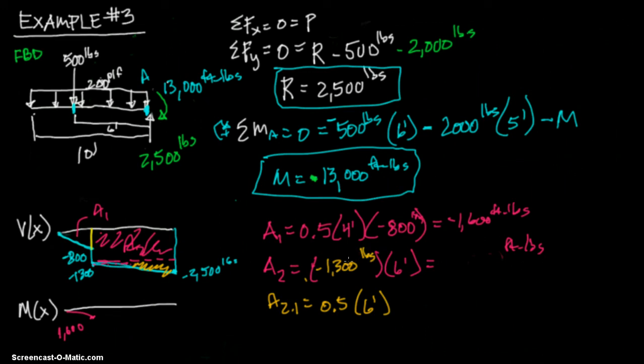So 1,300 times 6 is negative 7,800. Alright. And then this is 25 minus 13, which is 12. 1,200 pounds. And that equals 0.5 times 6 times 1,200, which is 3,600.